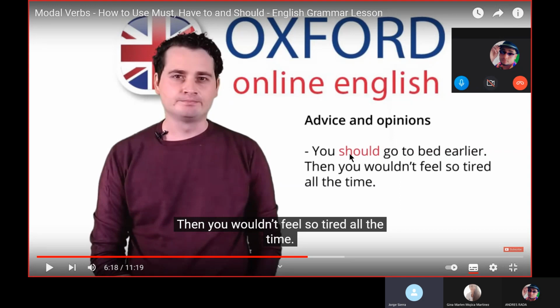Esta es la estructura principal: you should go. Sujeto, el verbo modal y el verbo en infinitivo. La única excepción es con el have to, que a pesar de ser un verbo modal, un verbo semiauxiliar, sí debe tener en cuenta las terceras personas y llevar la s después del verbo.